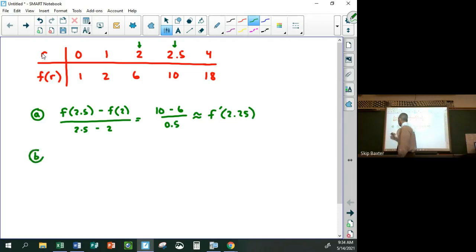Okay. Part B. Oh, sorry. Interpret the meaning of your answer in the context of this problem. So what would the units be? Well, maybe this question wasn't so easy. If the units for f of r are milligrams per square centimeter, then what would be the units of the derivative?